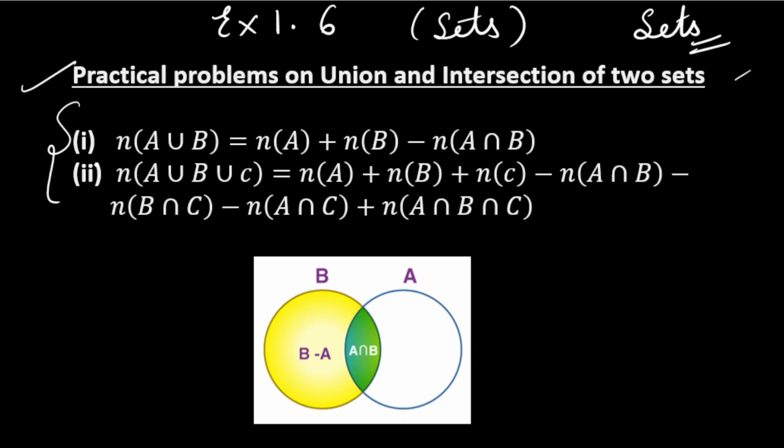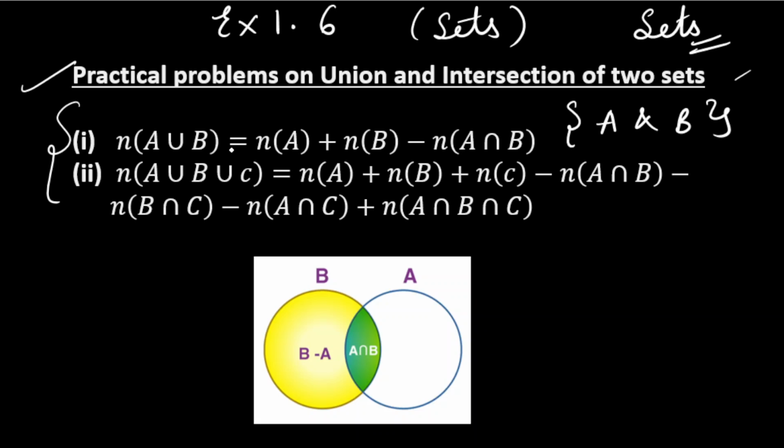Most of the questions will have two sets. In the first formula, two sets A and B are there, but I've given you the formula for three sets also so that you can be aware of it. So what is the formula? N of A union B. N means how many elements are there.